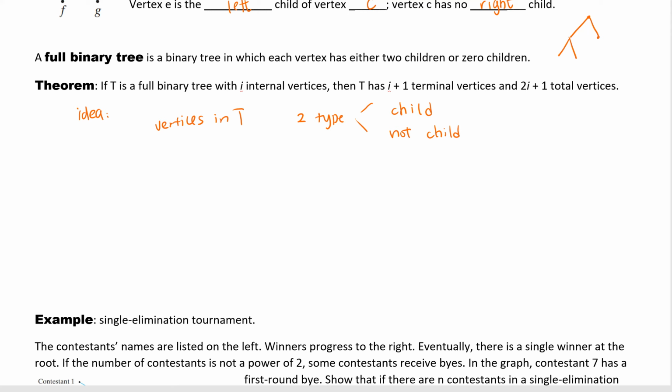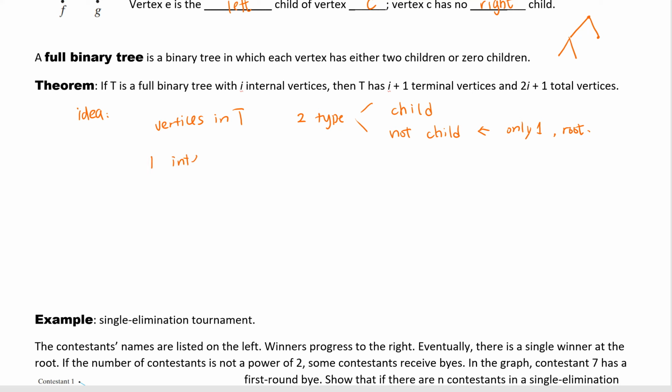And not a child is only one vertex. This is not a child. That is the root. And all the other vertices are children of some parent. Okay, and let's think about that.